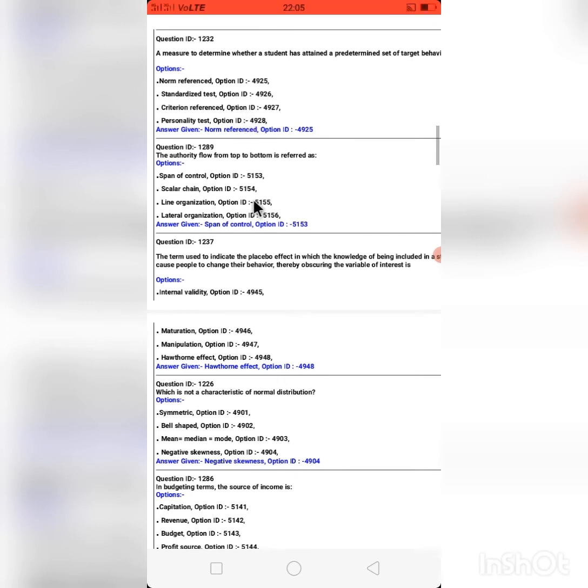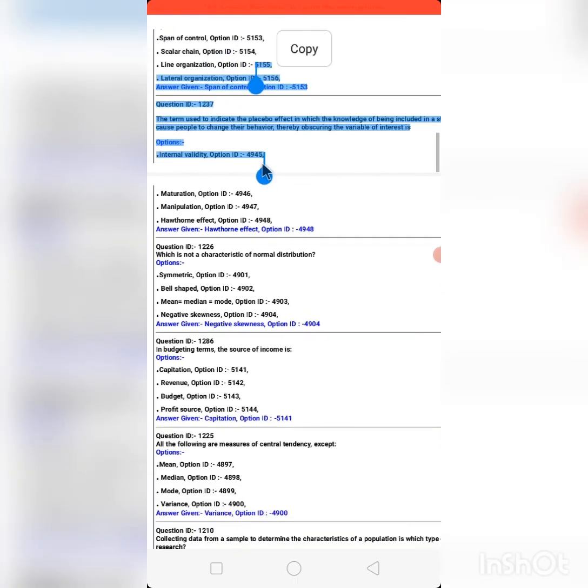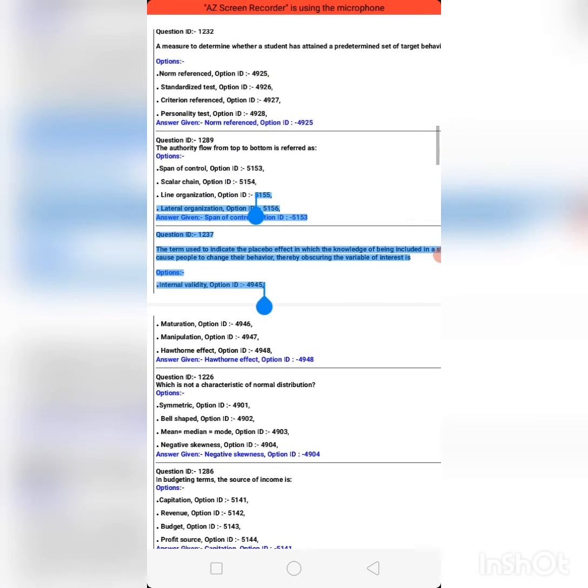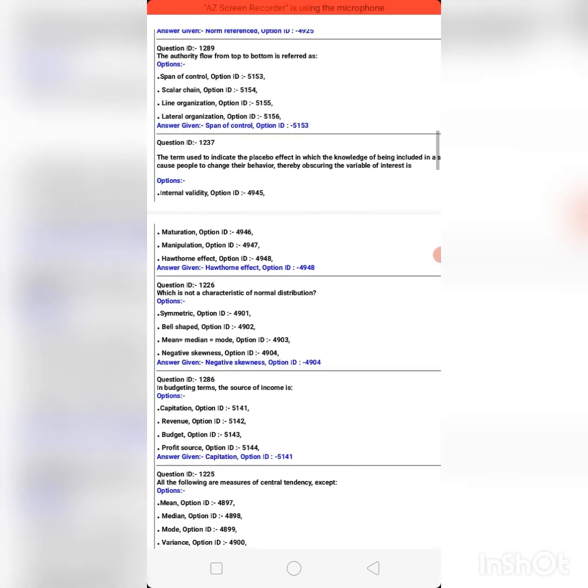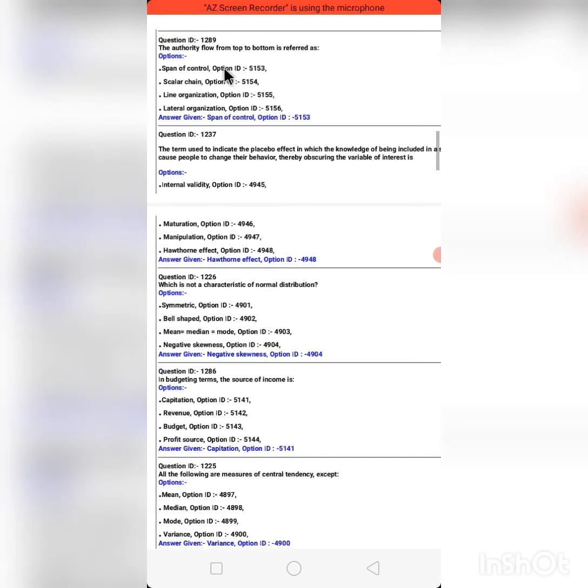Okay, moving on to the next question. The next question is the authority flow from top to bottom is referred as. The first option is the span of control, which is not the right answer. Then another one, the scalar chain.